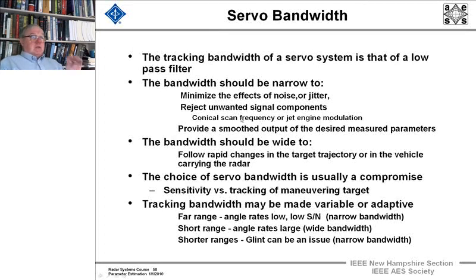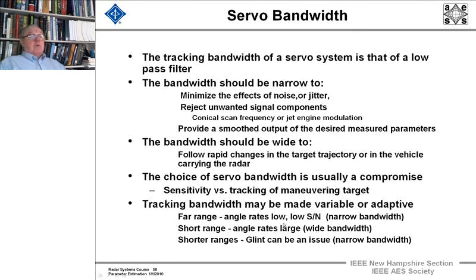So you want it to just pass low. It should be wide enough, though, to follow rapid changes in the velocity of the vehicle carrying the radar. The choice of the servo bandwidth is usually a compromise between the sensitivity and the maneuvering of the target, and the tracking bandwidth may be variable or adaptive.